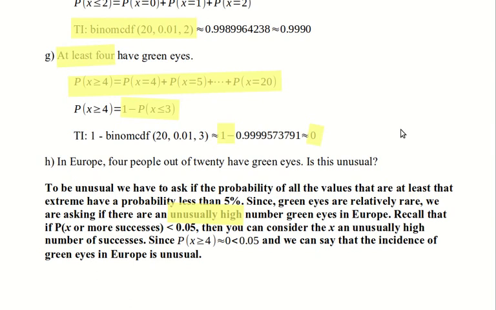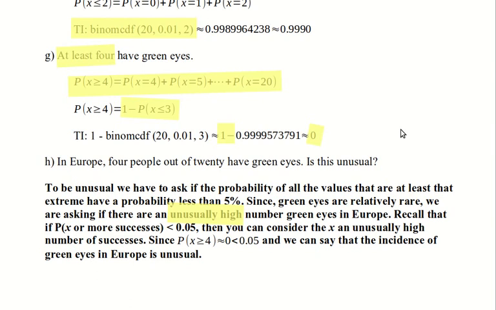So remember, to be unusual, we have to ask if the probability of all the values that are at least that extreme have a probability less than 5%. Since green eyes are relatively rare, we're asking if there are an unusually high number of people with green eyes in Europe.